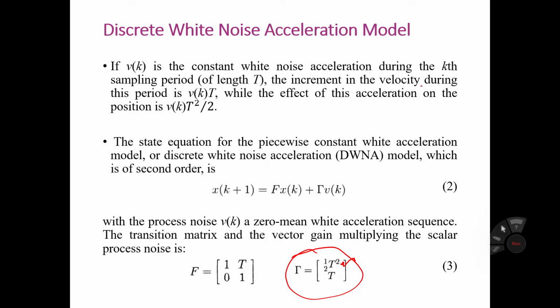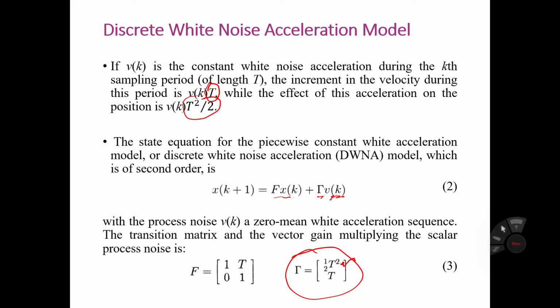The increment in the velocity during this period is v of k T, while the effect of this acceleration on the position is T square over 2. Then the state equation for the piecewise constant white acceleration model, or sometimes we call it the discrete white noise acceleration DWNA model, which is a second order model, becomes x of k plus 1 equals F x of k plus gamma v of k.